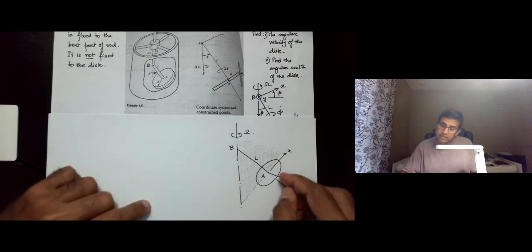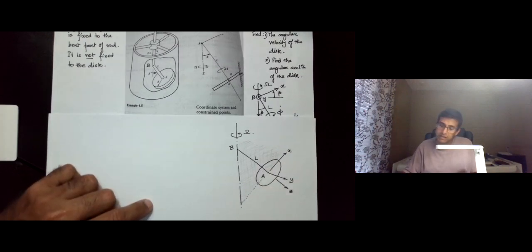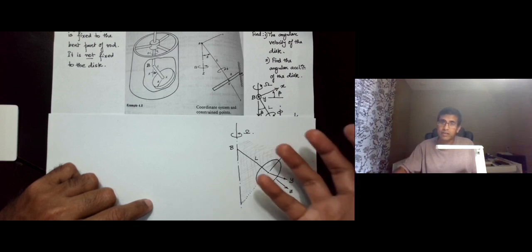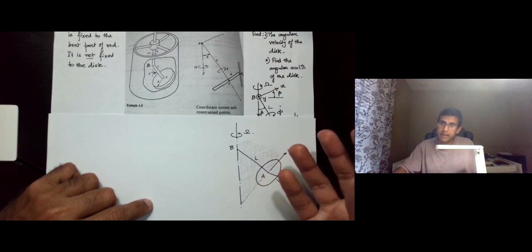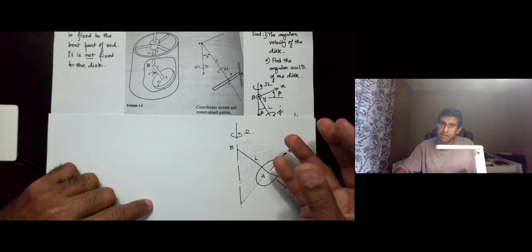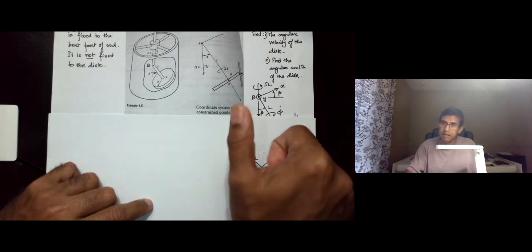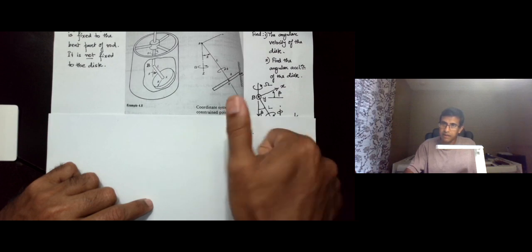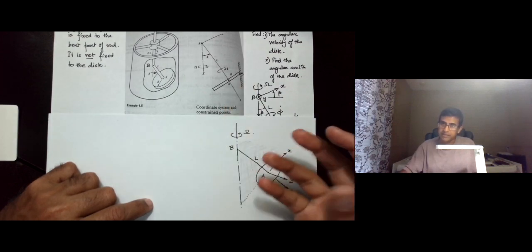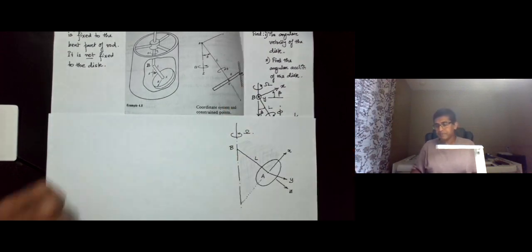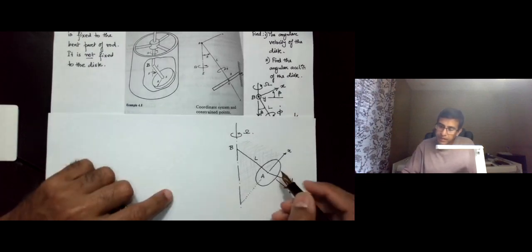Now as it turns and as this disk rolls without slipping on the inner side of the cylinder, what happens is that the disk, as it rolls without slipping, turns like this. Okay, as the hub AB turns this way, the disk turns like this.